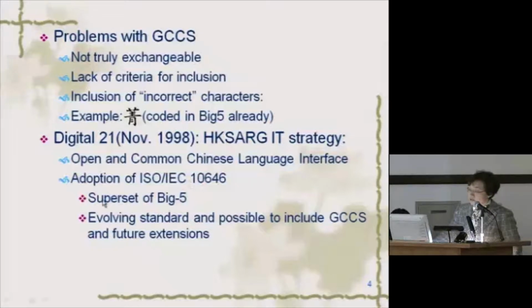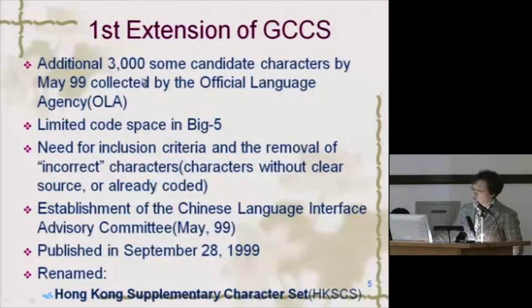The reason is that the Unicode platform is a superset of Big Five, but it can entertain more characters, and it has formal methods of extending it if you have new characters coming into place. So under this strategy, the government started the actual standardization process.